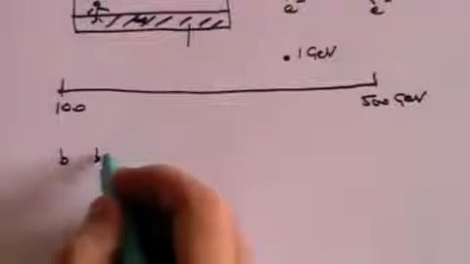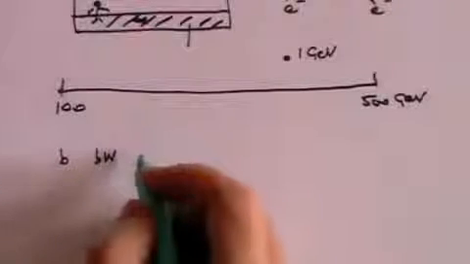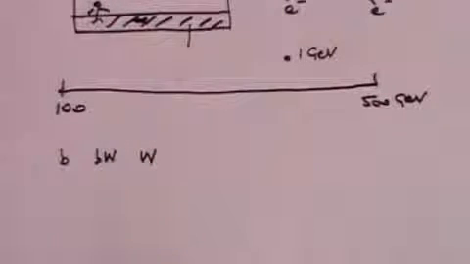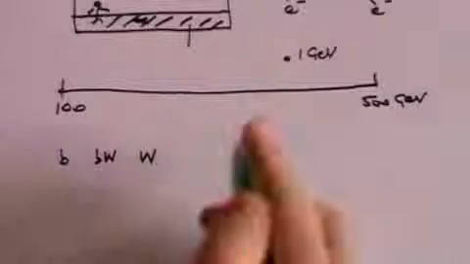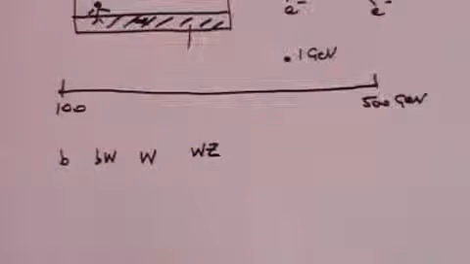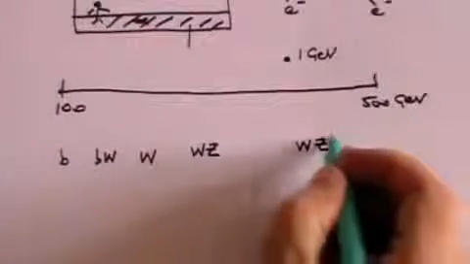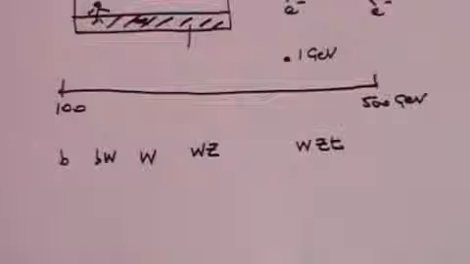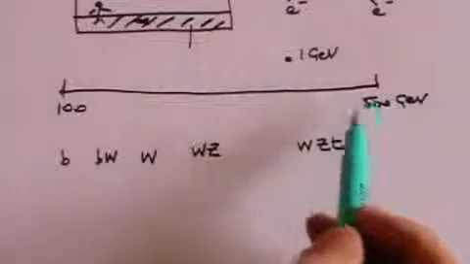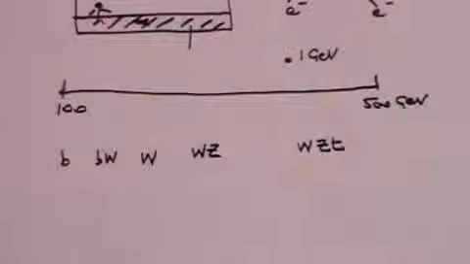If it's about here, it might decay into a bottom quark or a W boson. Here, it's probably just going to decay into a W boson. Here, it can decay into a W or a Z. And at the top range, you would expect it to decay into a W or a Z or a top quark. So depending on the mass, you will find that the decay products differ.